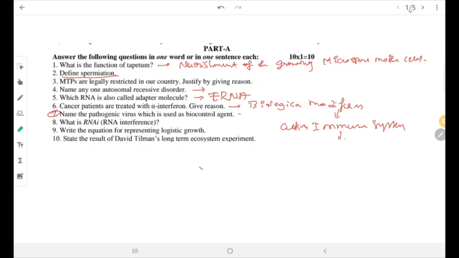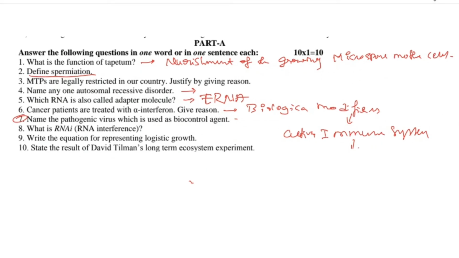The last question is, state the result of David Tilman's long-term ecosystem experiment. The experiment was conducted outside in the open field, where he grew a variety of diversified plants and trees.